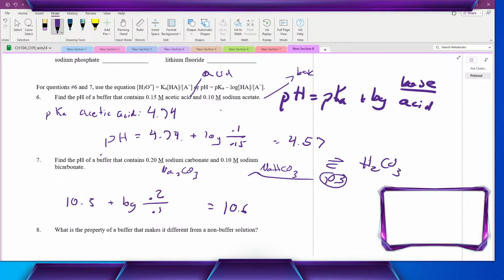Awesome. No problem. Let me know if there are other questions or just other topics in general you want me to go over as well. This is just our open review time. Yeah, we can look at that. Is it the titration lab?